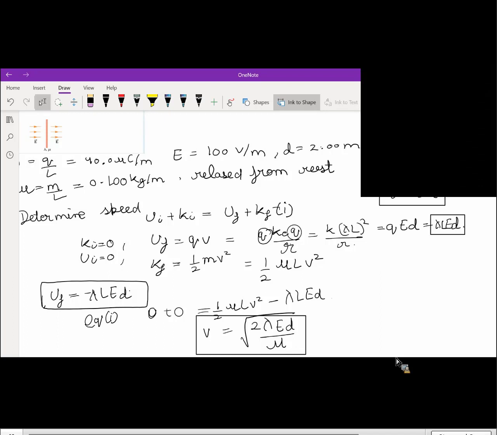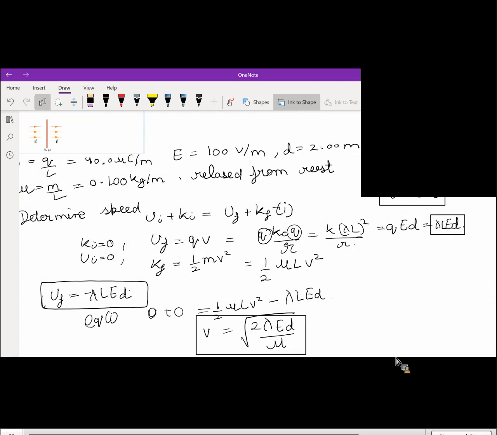Does it depend on any angle of the electric field? No, perfect. So it doesn't depend on the angle of the electric field. It will still travel a certain distance, but the equation and the formulation remain the same.